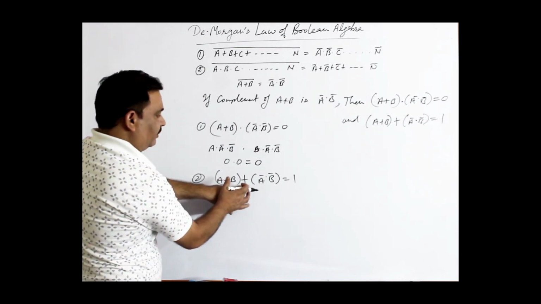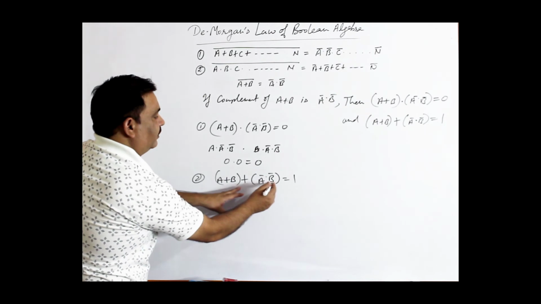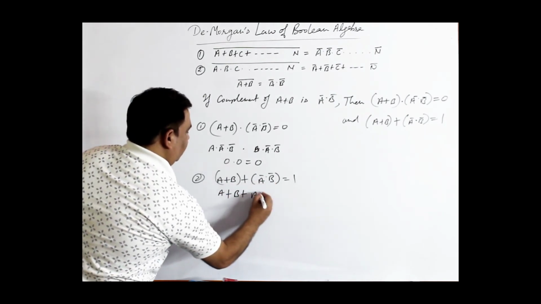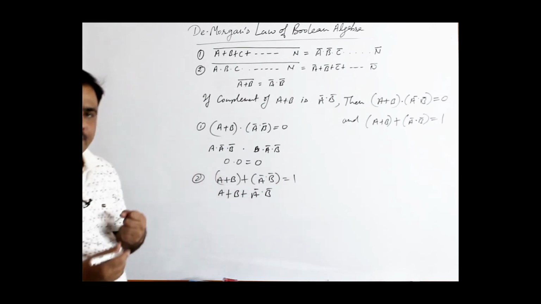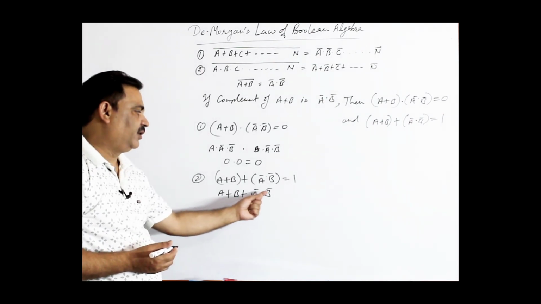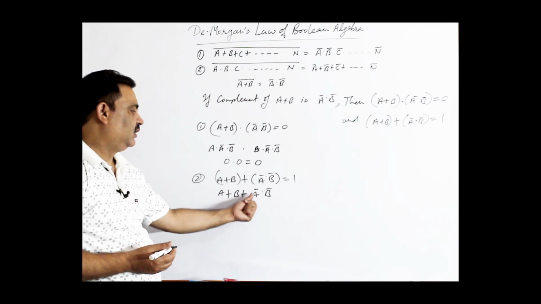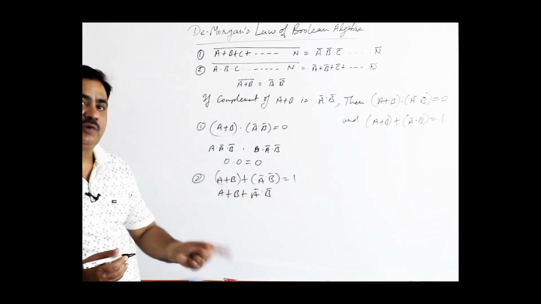Here there is a simple plus sign, so you can remove the brackets: A plus B plus A complement dot B complement. Now you can apply the absorption law here. B plus A complement dot B complement is B plus A complement dot B plus B complement.